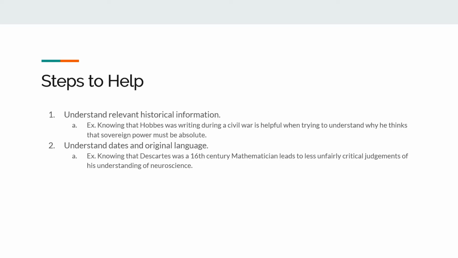Now, some steps that can help you to become a better reader of philosophy: first, understand the relevant historical information. This is important because remember, within philosophy works, there's essentially an agenda, right? We're trying to prove a specific point, and those points are often proved because of the desire or the bias or just the ingrained understanding of the author.